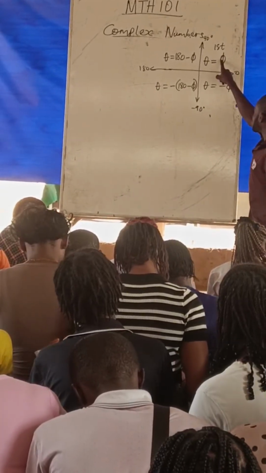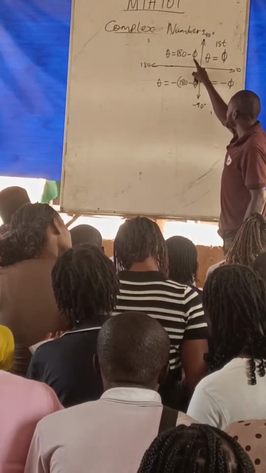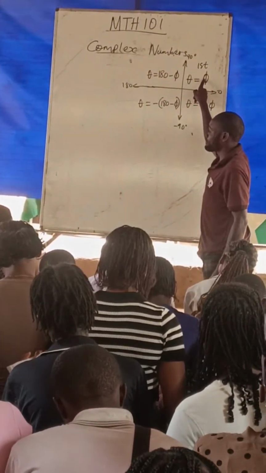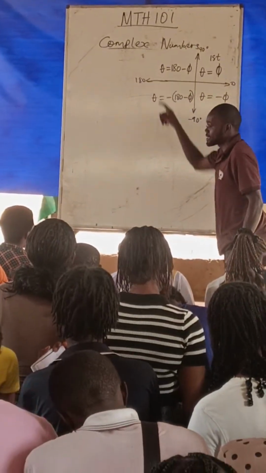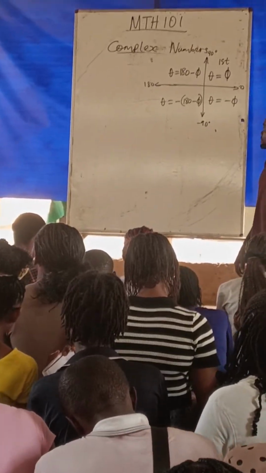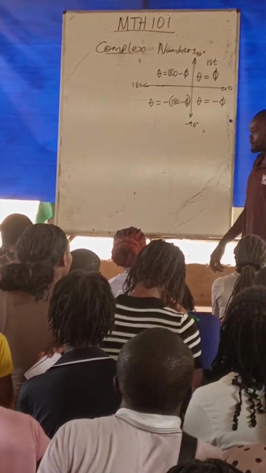This one, phi, is the one I was telling you is the reference angle. It is the key. Once you can get this, it will help you get the main one, which is theta.